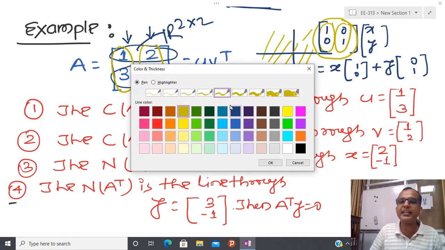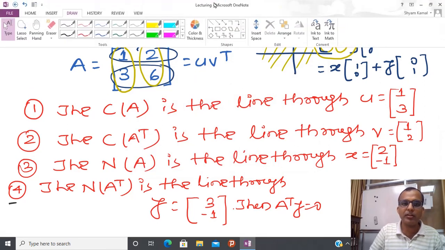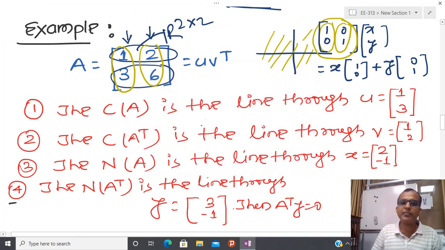Basis means with the help of this I can move anywhere in that space. That is the rough idea, not a concrete definition, but just the overview.